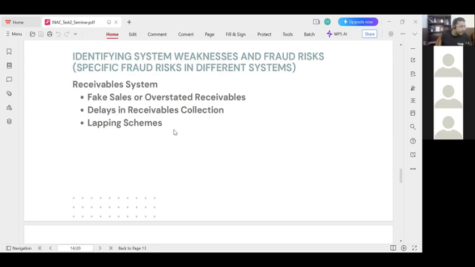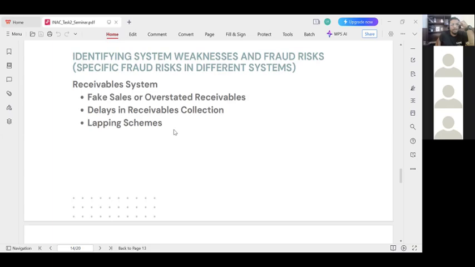And then we have delays in receivable collection. For example, a company might wait too long to chase overdue payments, and that would lead to bad debts. Bad debt is when your receivable is not paying you the amount anymore. That's a bad debt, and that's an expense.